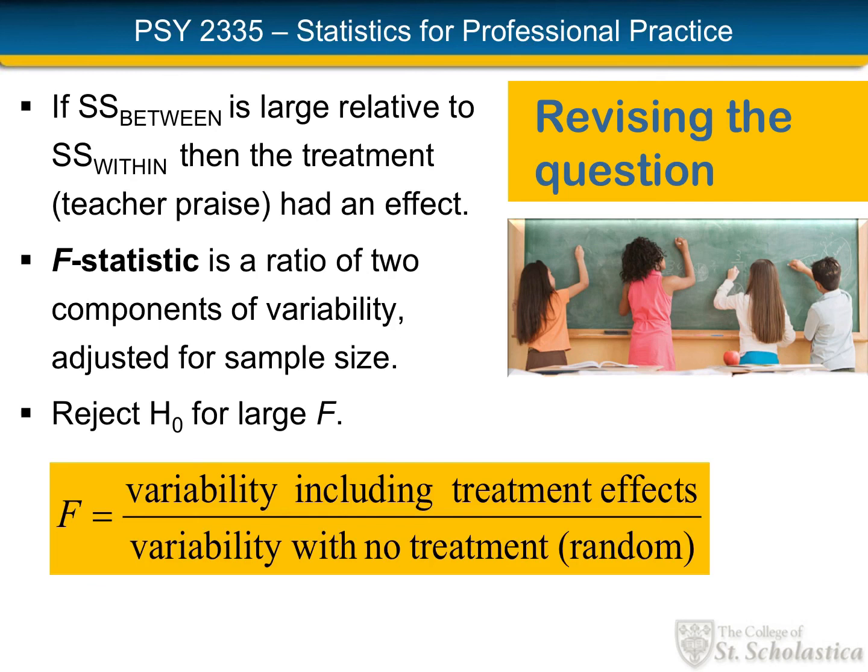In the first video, I mentioned that we would be averaging our sums of squares across something that measured sample size and the number of groups. And just as it was when we were looking at our t-tests, that's going to be degrees of freedom. So let's look at how we compute degrees of freedom in this analysis of variance situation.